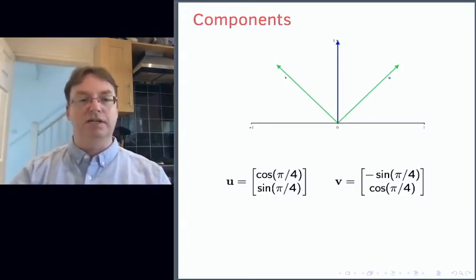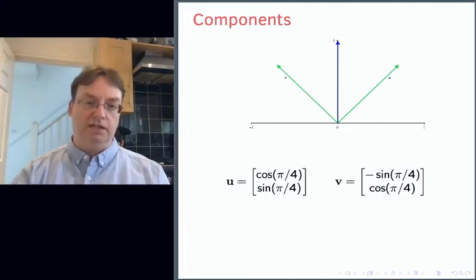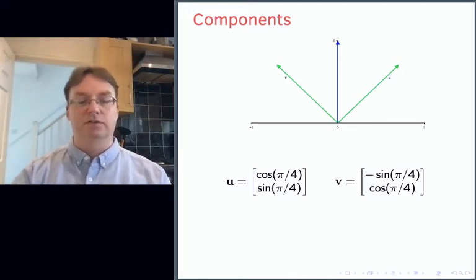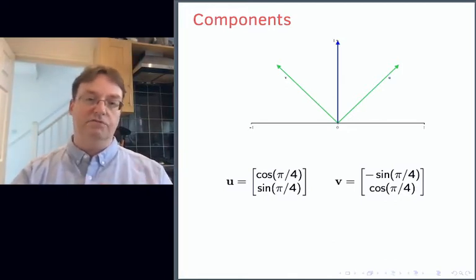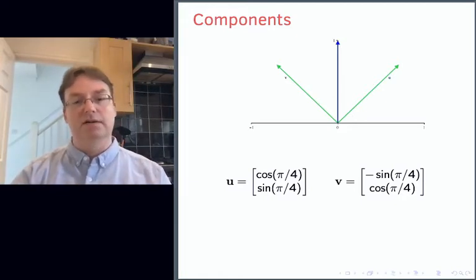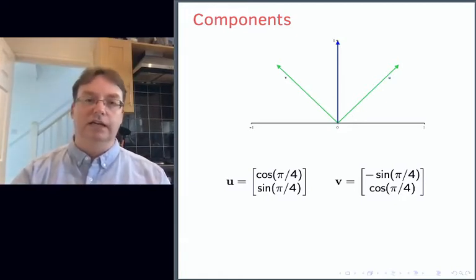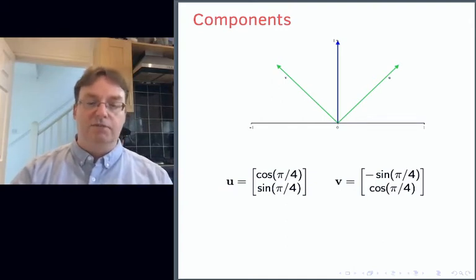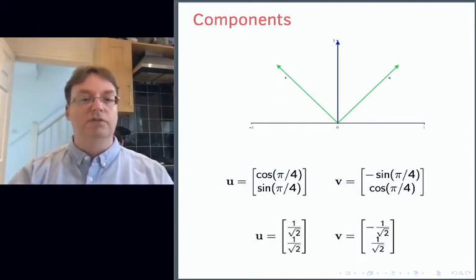They're both π/4 from the axes, so their coordinates are given by cosine π/4 and sine π/4, and then for v, it's minus sine π/4 and cosine π/4. You might remember that cosine and sine of π/4 are actually equal. Both of them are just 1 over the square root of 2, or maybe you've seen the square root of 2 over 2. That's the same thing.